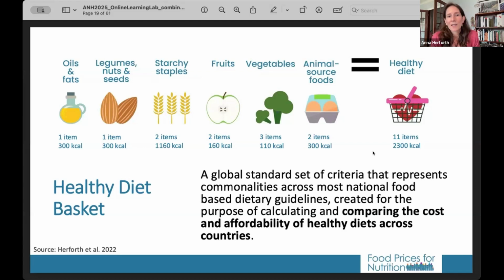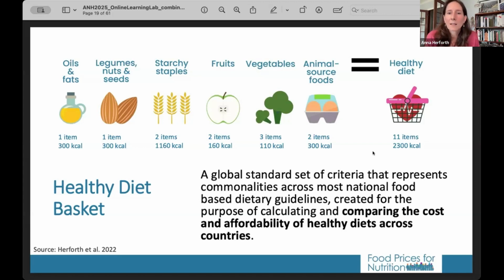So for fruits, it's 2 items per day that we include for a standard of a least cost healthy diet. For vegetables, it's 3 items that gets you to your standard 5 a day that's often recommended. For animal source foods, we include 2 items, and then 1 for legumes, nuts, and seeds, and 1 for oils and fats, and 2 for starchy staples.